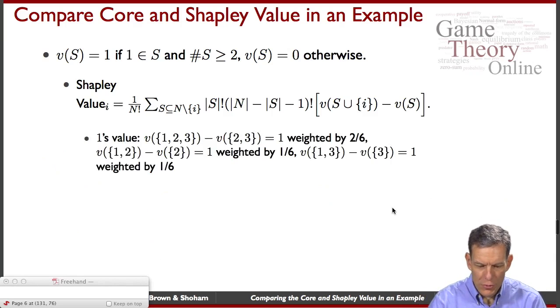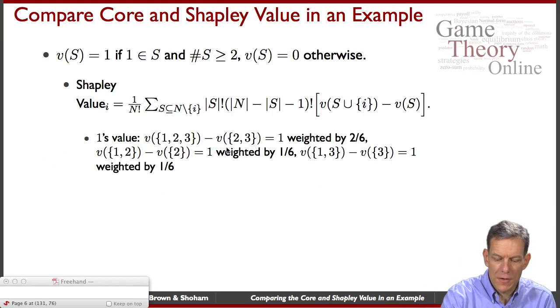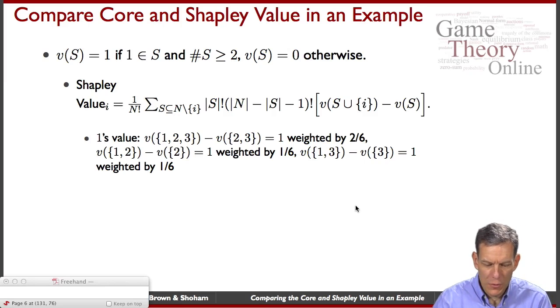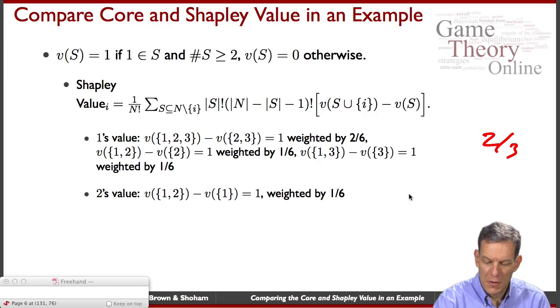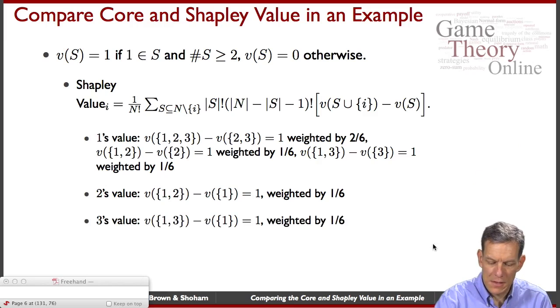If you go through these kinds of calculations, you've got this weighted by 2/6, this weighted by 1/6, this weighted by 1/6, and so forth. So what you're going to end up with is here 2/3. Then 2 is going to get 1/6, 3 is going to get 1/6, and so forth.